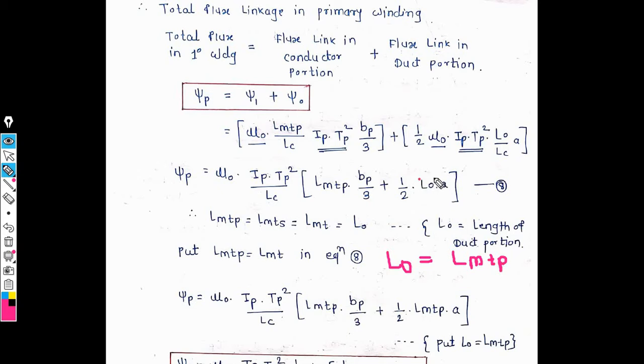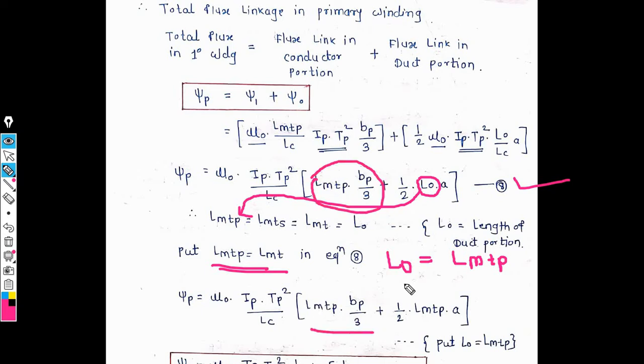Then in equation number 8, the next equation is psi p is equal to mu 0 into IP into TP square upon LC, this term as it is, plus 1 by 2, put L0 equal to length of mean turn of winding, into A.